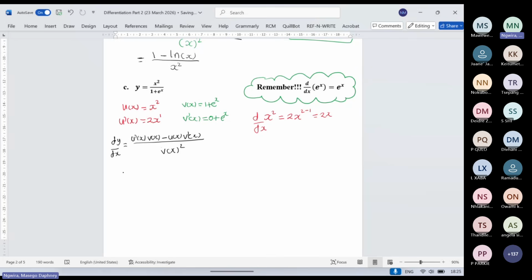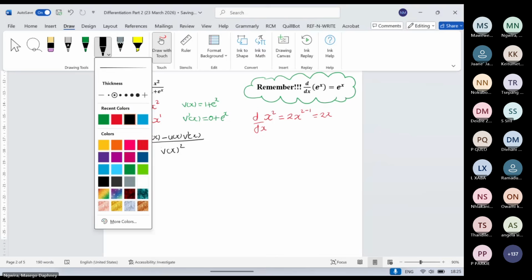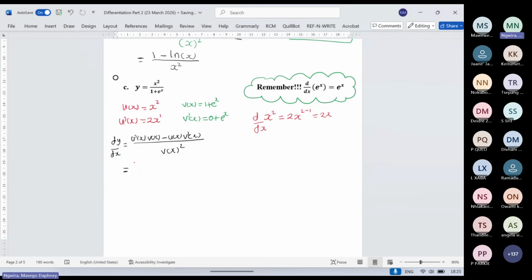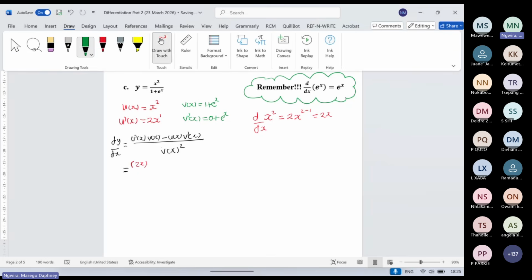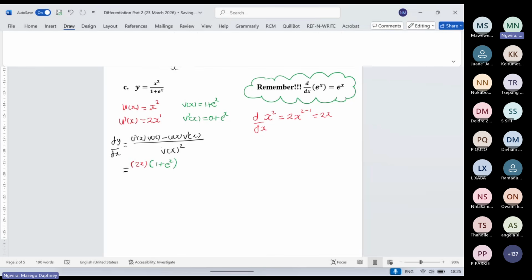Then now we're going to substitute. The derivative of u is 2x, so we are going to say 2x. This will be in brackets, 2x, and then v(x), our v(x) is 1 plus e to the power of x, and then minus.